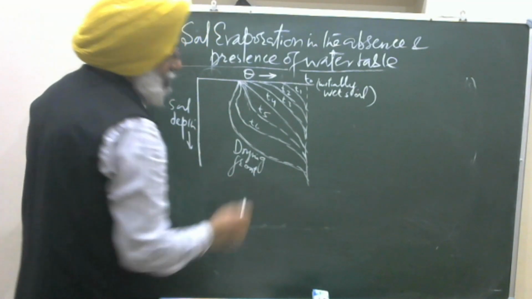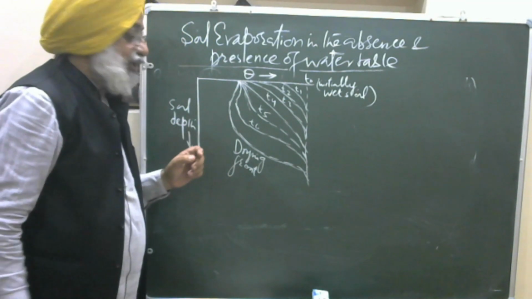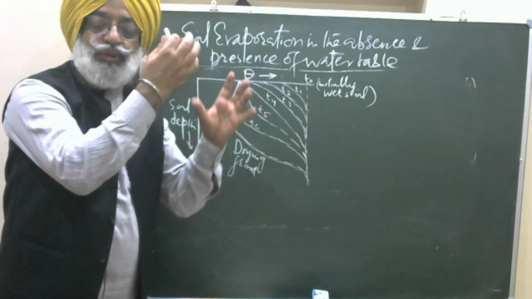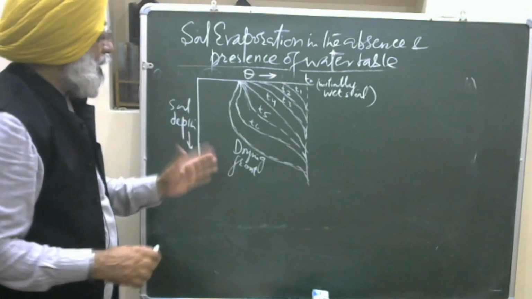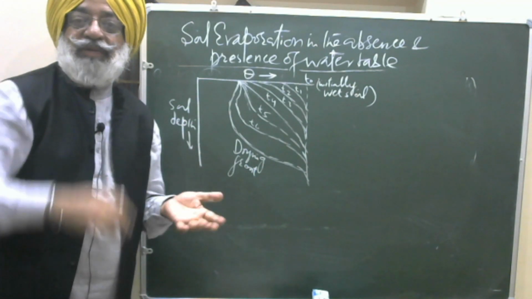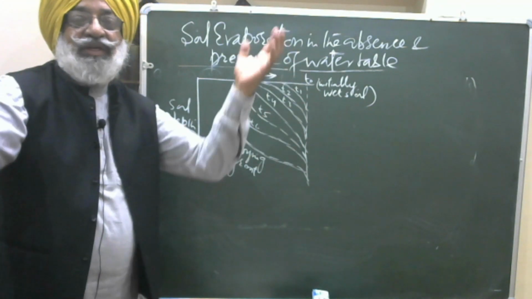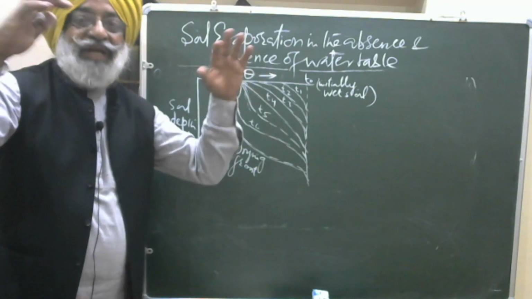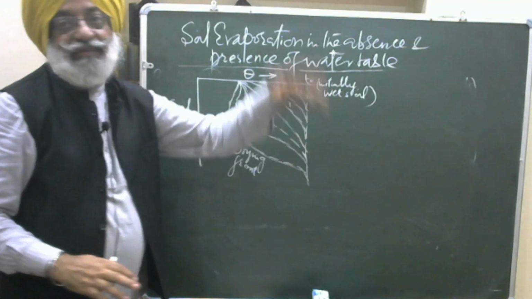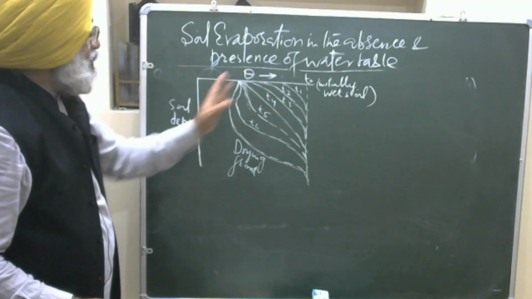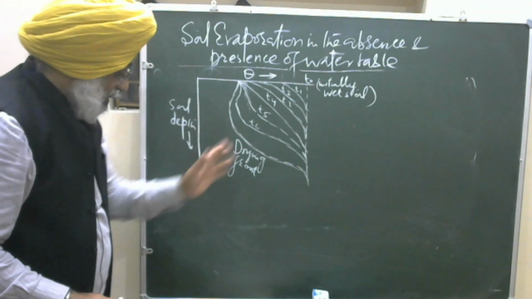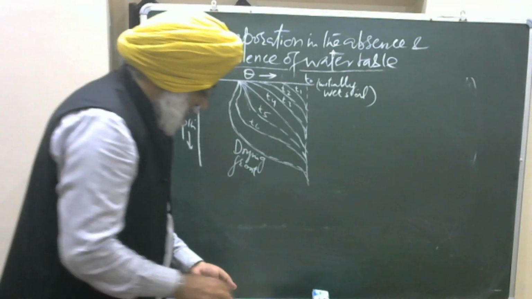If you remember, in case of infiltration we studied how the wetting front moves down. Now here, how the drying front moves down. But under realistic conditions, after immediate rainfall you may have infiltration also, you may have evaporation also. So this is how you can express the decrease in soil moisture content over the drying periods.